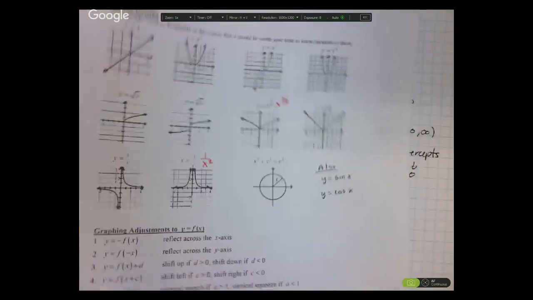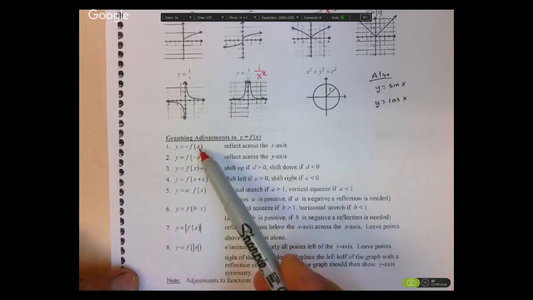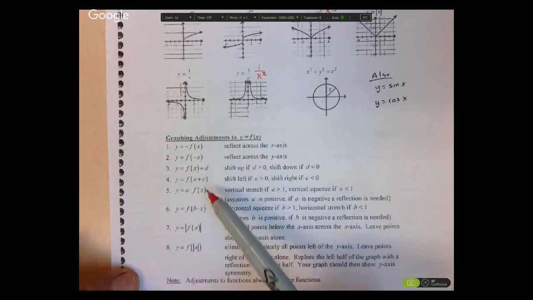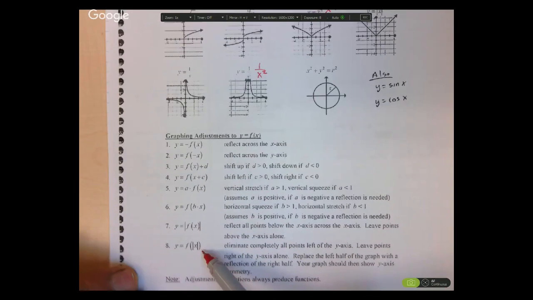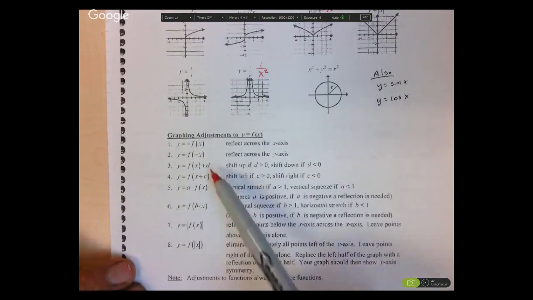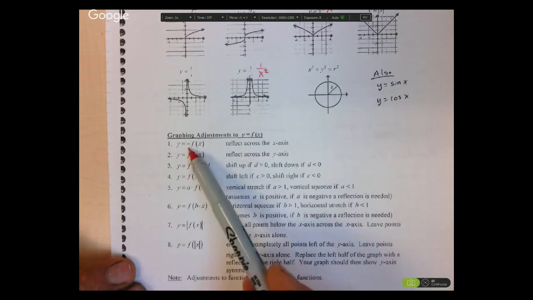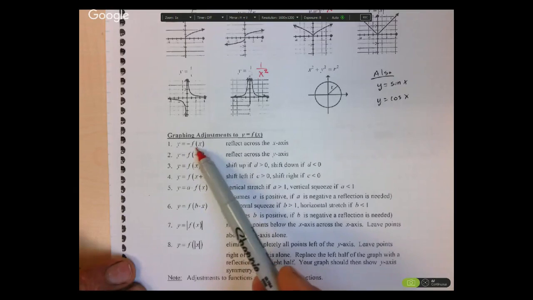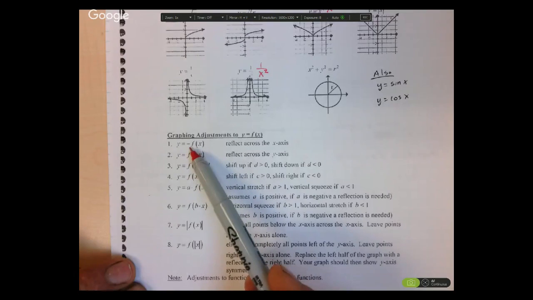At the bottom, something I forgot to mention are the graphing adjustments. I did 3 through 6, but I did not address 1 and 2 or 7 and 8. 7 and 8 do come into play; we'll talk about them as we get to them. 1 is reflection across the x-axis because it's multiplying the y value by a negative.